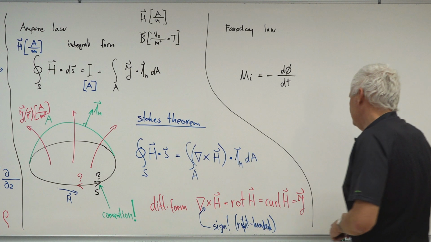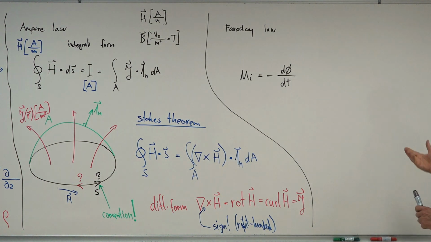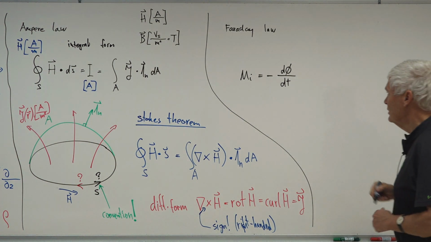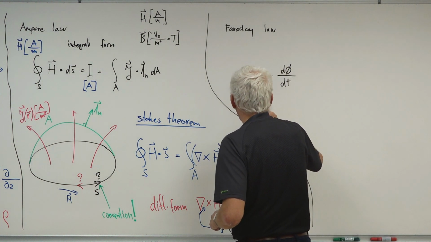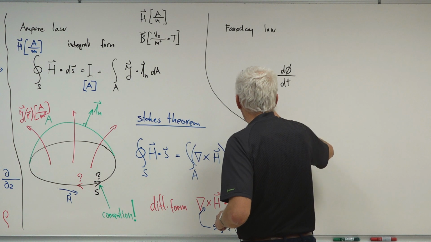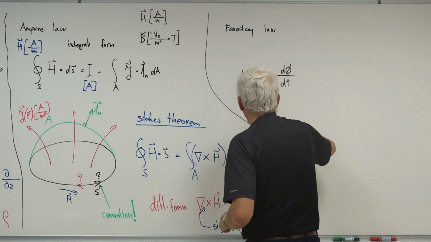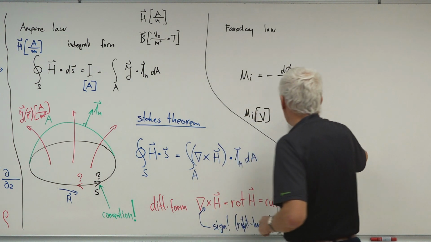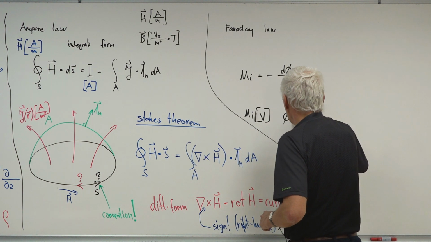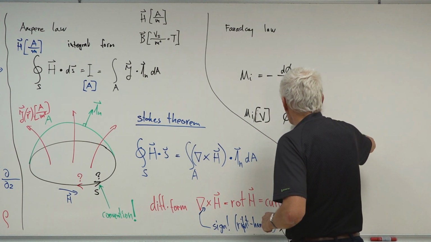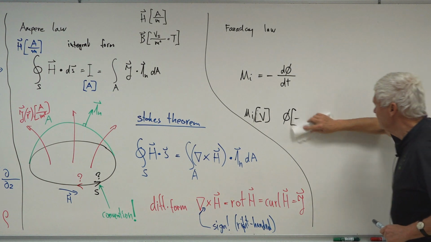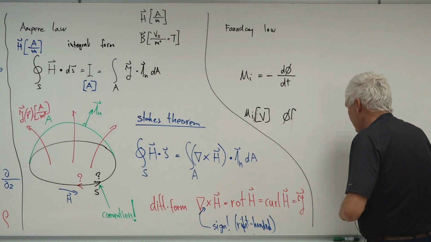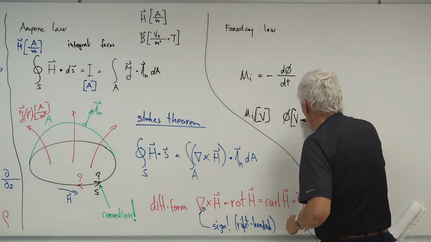Here I'm a little bit short of letters, so I'm using the big letter phi for magnetic flux. The induced voltage has units of volts, and the total magnetic flux has units of volt seconds.